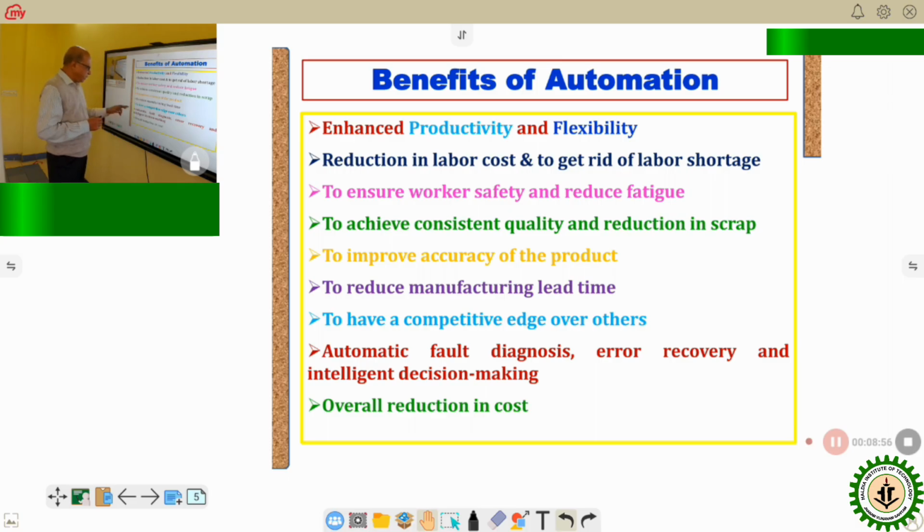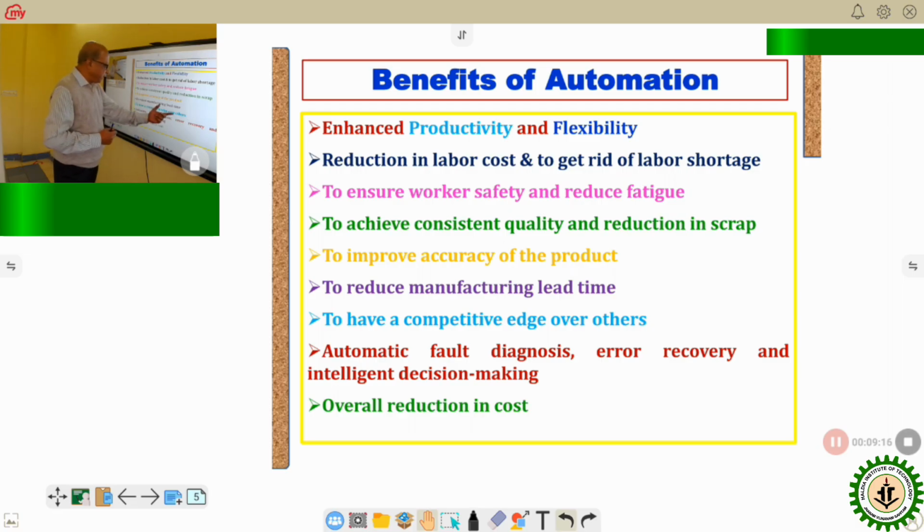To reduce manufacturing lead time: in the programmable mode, whenever different activities are coordinated very efficiently, the lead time will definitely come down, because transportation time and waiting time are cut down by a very substantial amount.